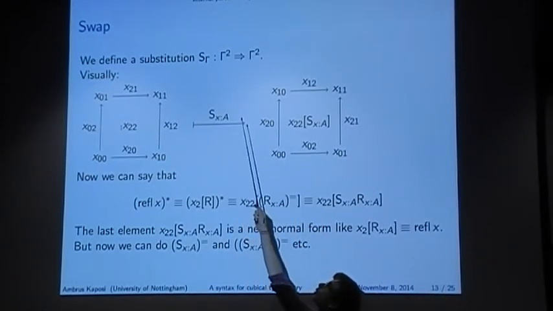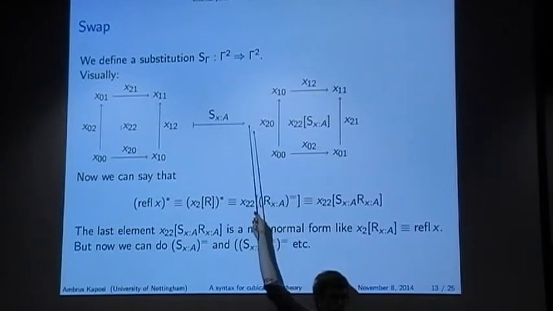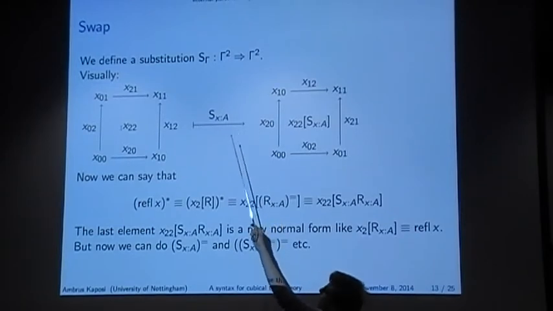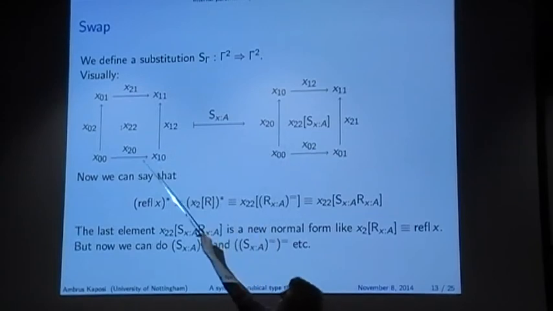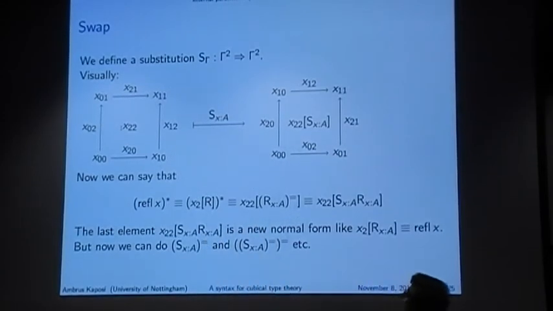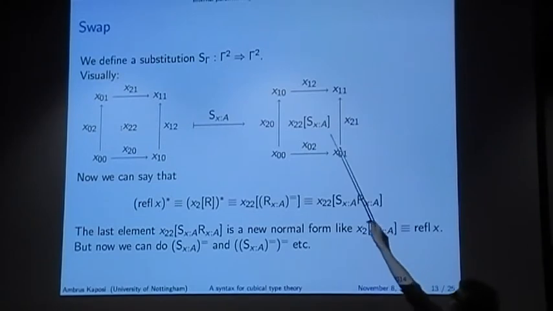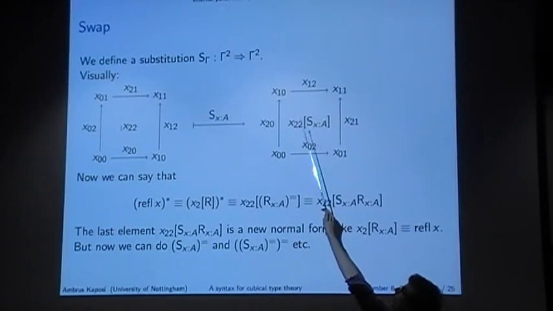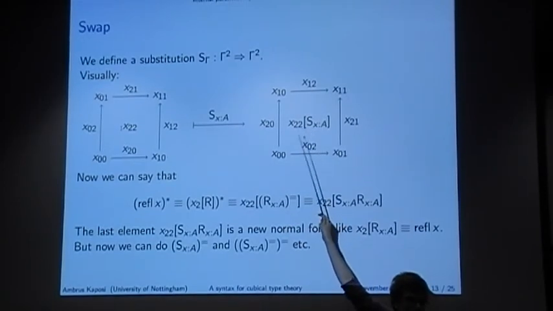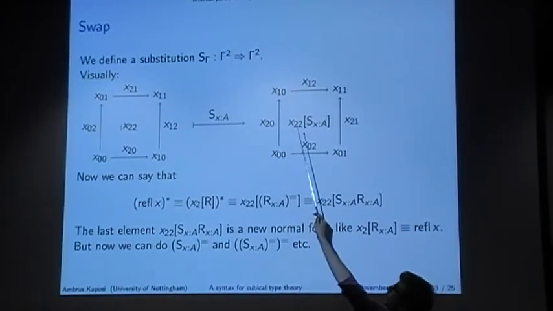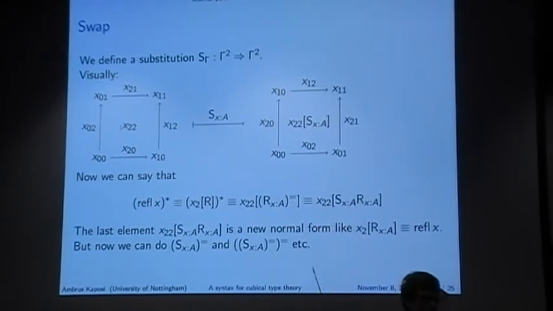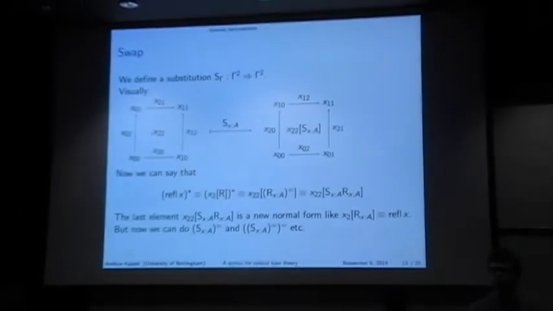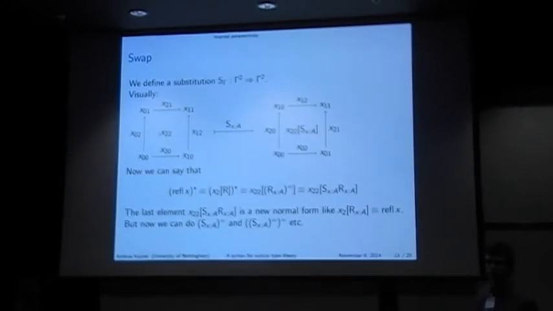S of gamma goes from gamma 2 to gamma 2, where 2 means equals equals. And this is how it acts at the context. This component here, this x22 applied to SXA, will become a new normal form again. This S substitution can be viewed as some additional structure on variables that we didn't have before.